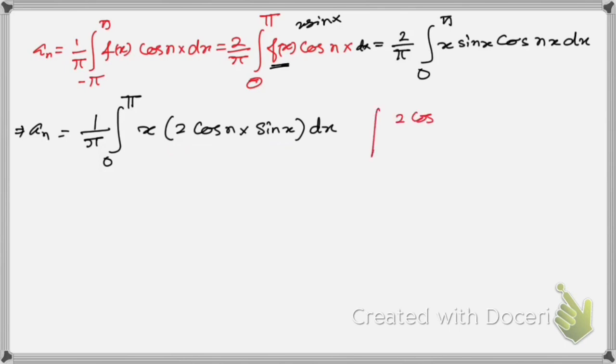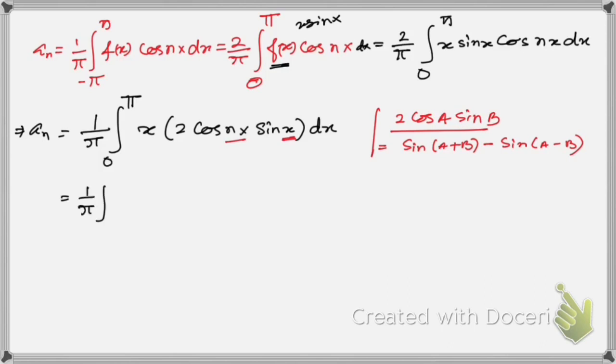2 cos a sin b is equal to sin a plus b minus sin a minus b. Okay, so here we're going to take this as a and this one as b. If you apply this formula, then what are you going to have? Then 1 by pi integration from 0 to pi of x, then you're going to have sin.